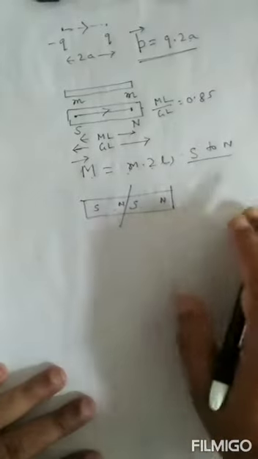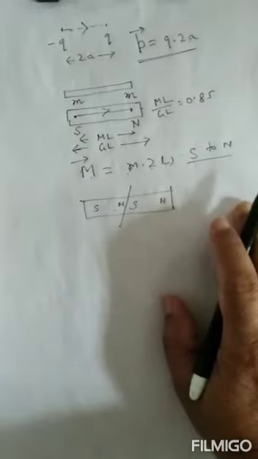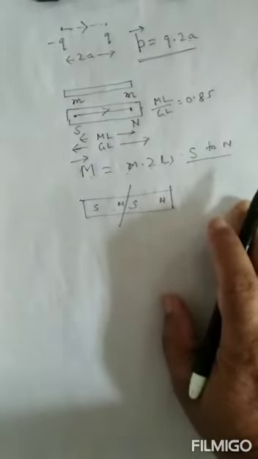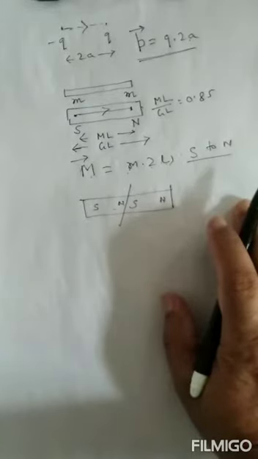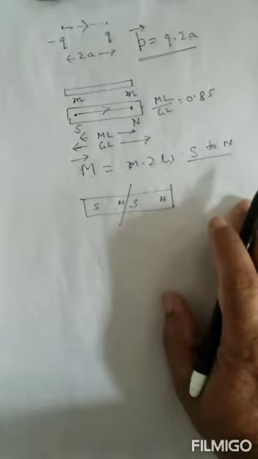So in this way, if I cut the magnet, in every piece we get a magnet, with one end a north pole and the other end a south pole.